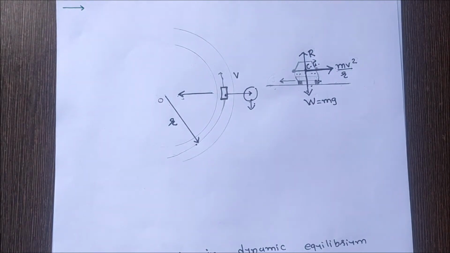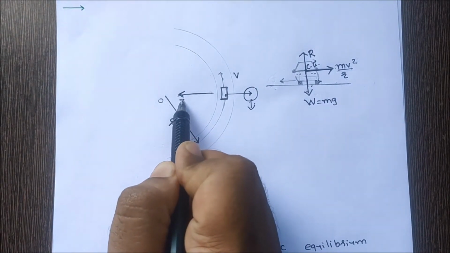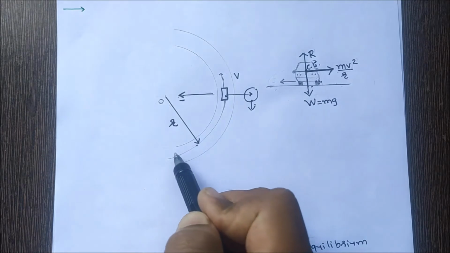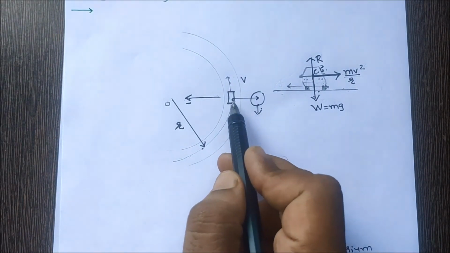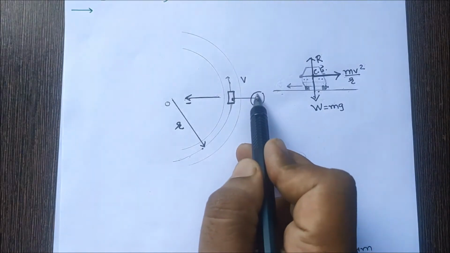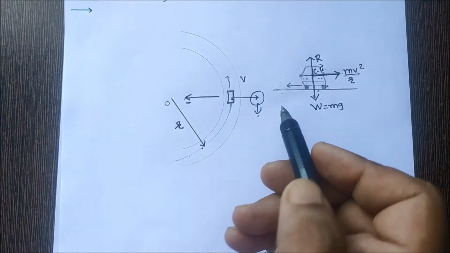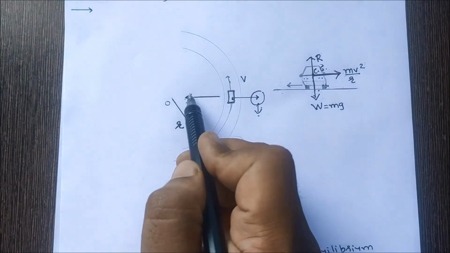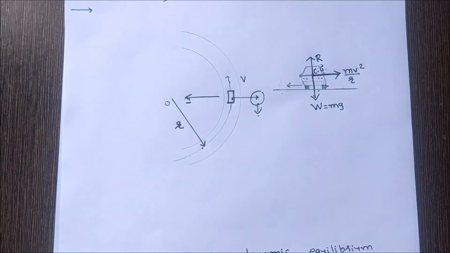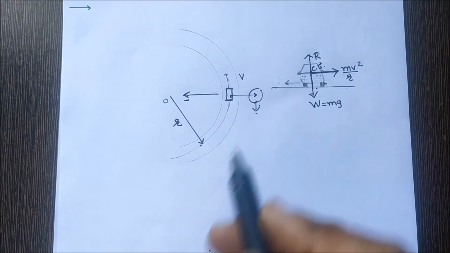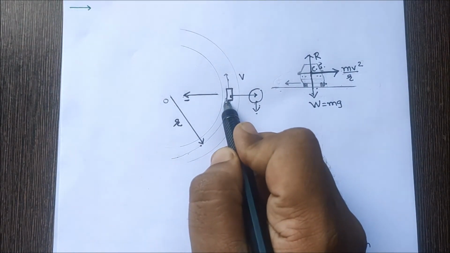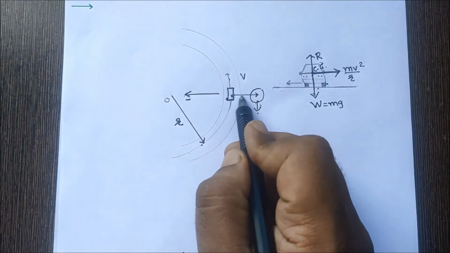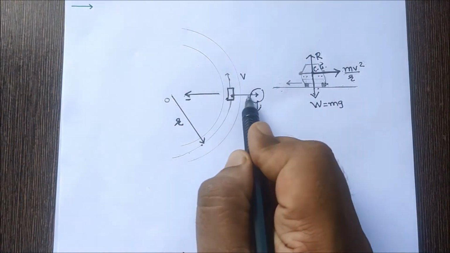In a rotating system, the centripetal force pulls the mass inward to follow a curved path, while the mass appears to push outward due to inertia. That is the centrifugal force. So there is only one real force, the centripetal force, and the second one is an apparent force, the centrifugal force. If you are part of the rotating system, you experience centrifugal force pushing you away from the center of the circle.